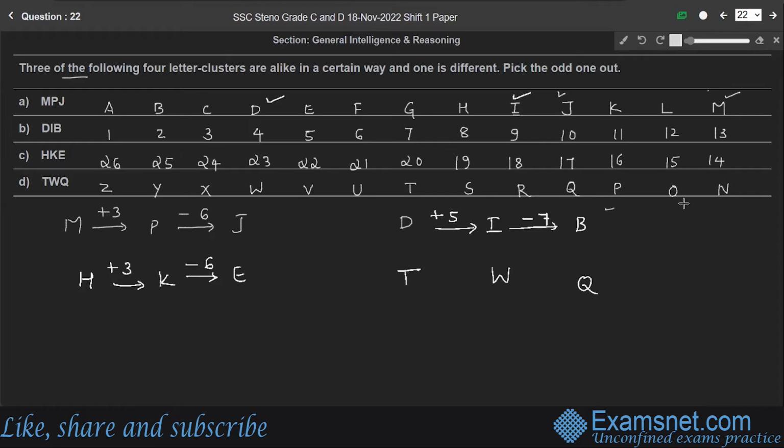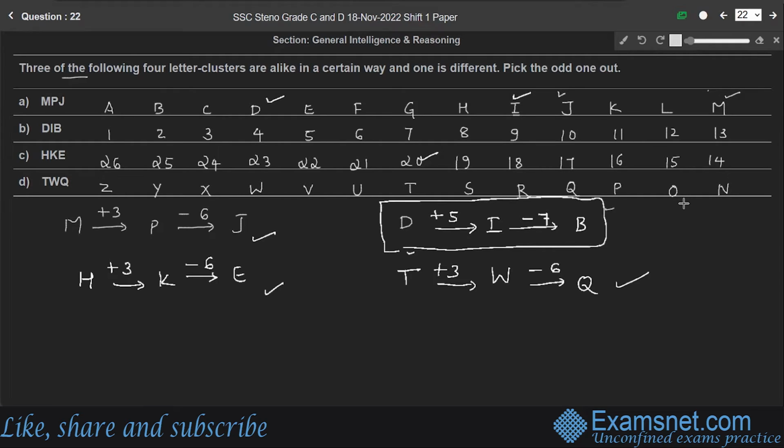T is 20 and W is 23, so T plus 3 is W. Q is 17, so W minus 6 is Q. In options A, C and D, the rule is the same: first letter plus 3, second letter minus 6. Whereas in option B, the rule is different. To get the second letter, we have to add 5, and to get the third letter, we have to subtract 7. So DIB is the odd one, option B.